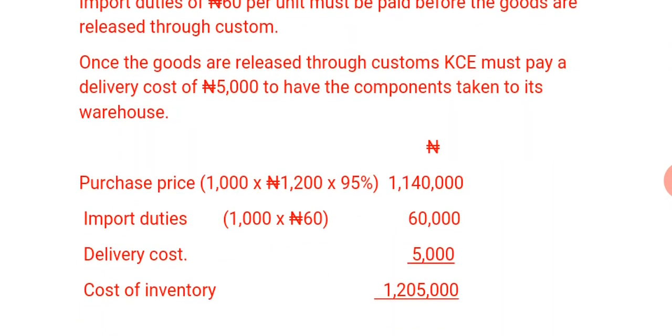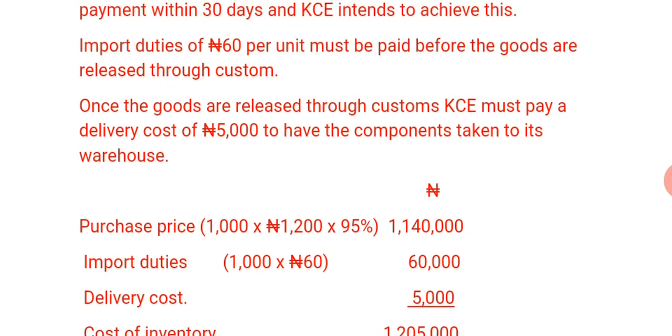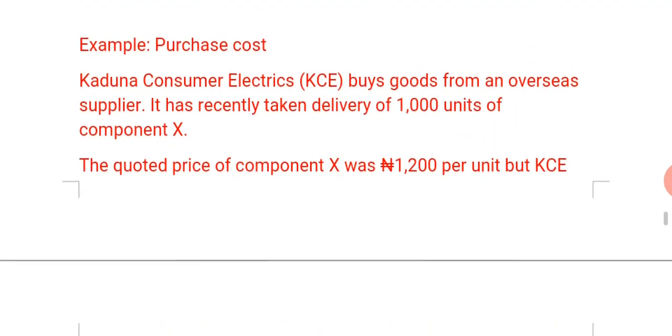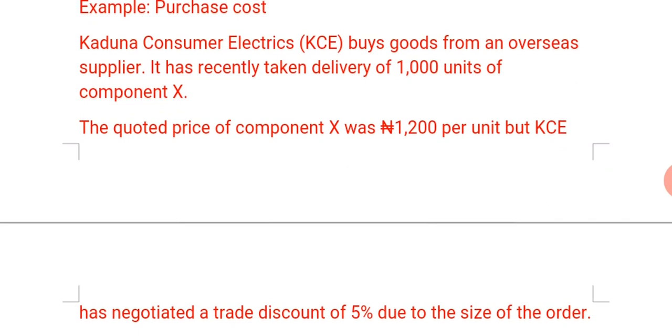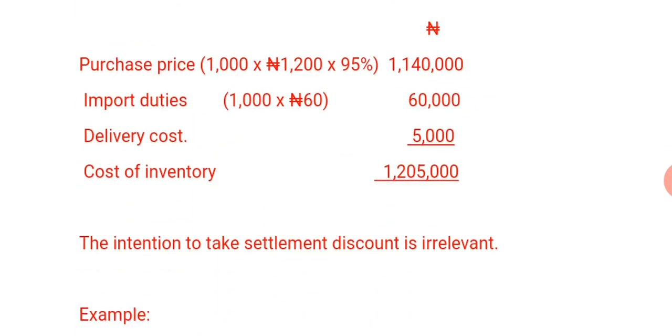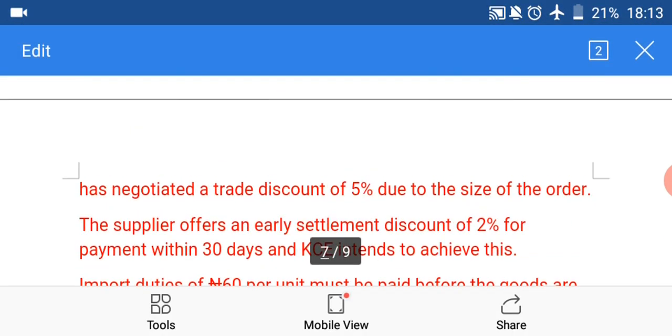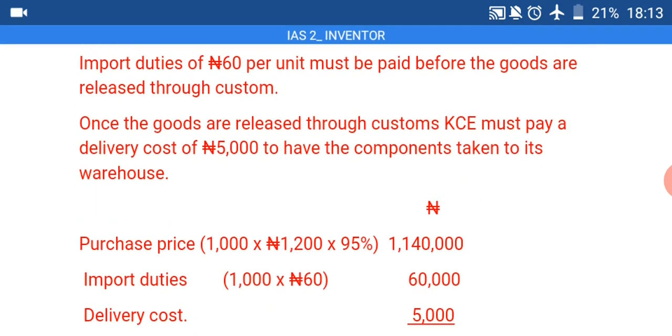So we have the purchase price here, which is part of the cost. The company buys 1,000 units at 1,200 naira per unit. Then there's a discount, and the only discount that is necessary in getting the purchase cost is the trade discount, the bulk buying discount. The cash discount is completely ignored according to IAS 2 rules.